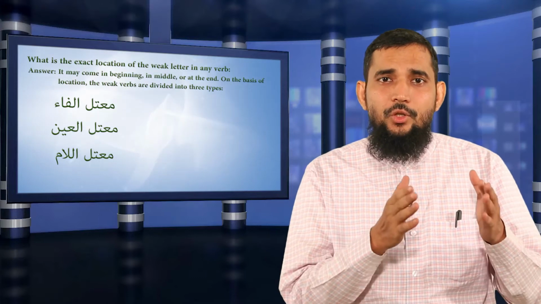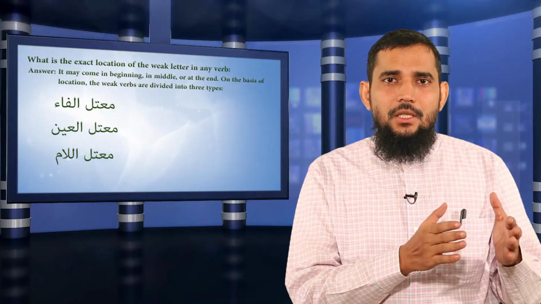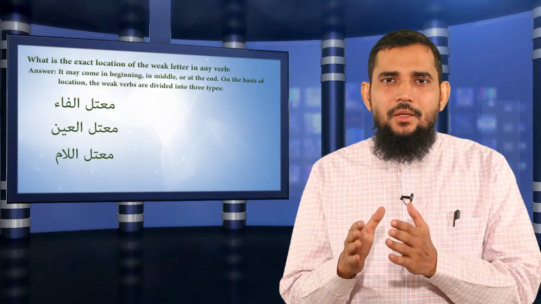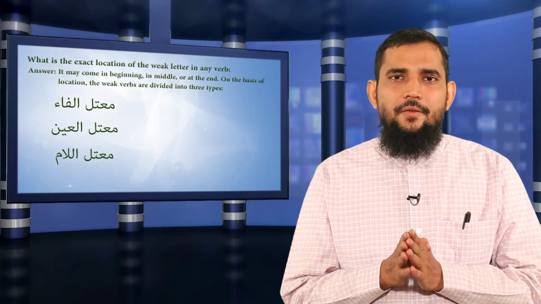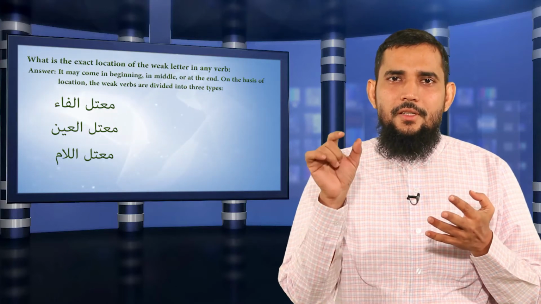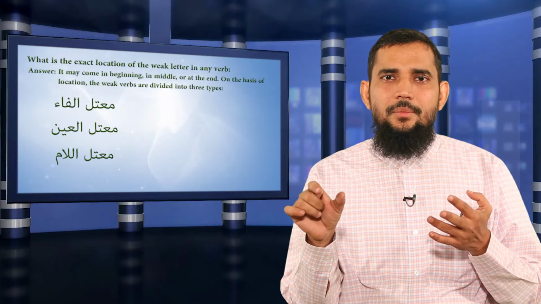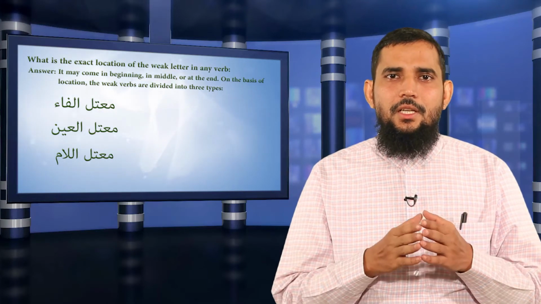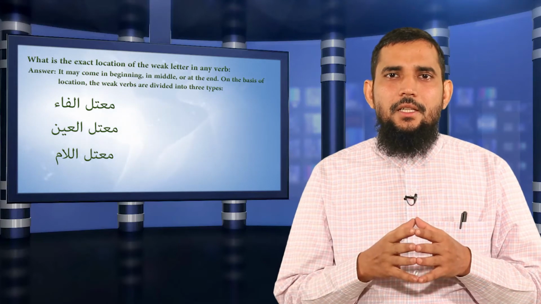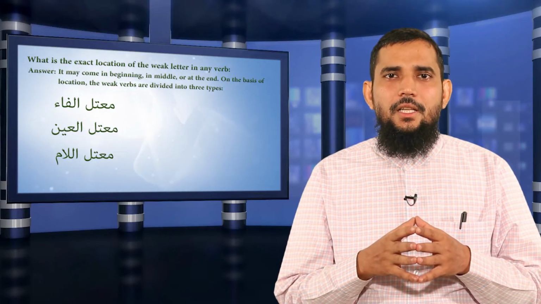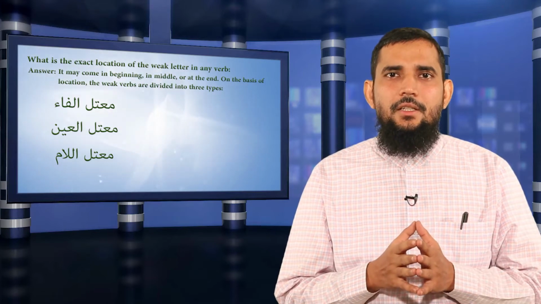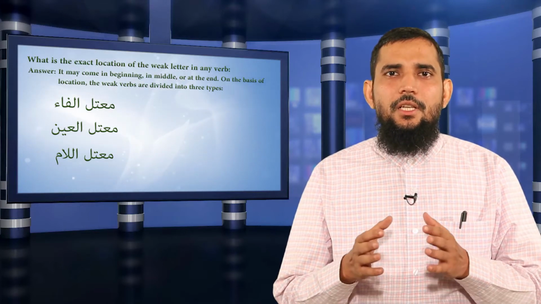On the basis of the location of the weak letter in a verb, we have three types: a verb where the first radical is a weak letter, a verb where the second radical is a weak letter, and a verb where the third radical is a weak letter. Where the first radical is a weak letter, we call it mu'talul fa.